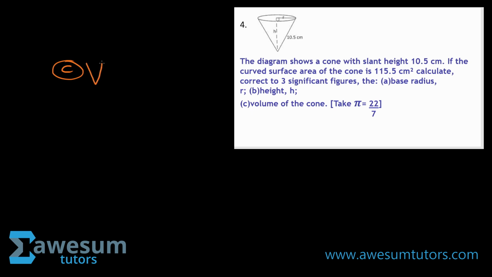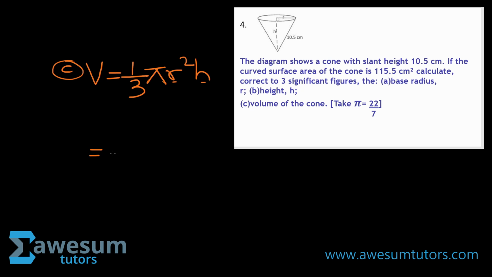So the volume of your cone right here is 1/3 pi r squared h. The r is the base radius, which you already found. The h is the height, which you already found. Very good. This makes it very easy.